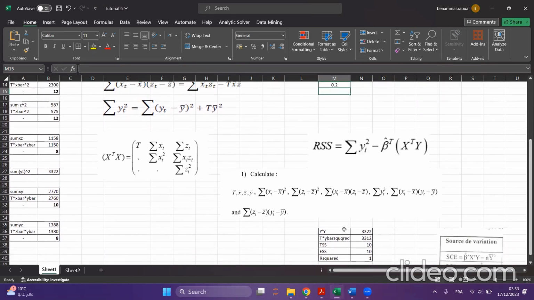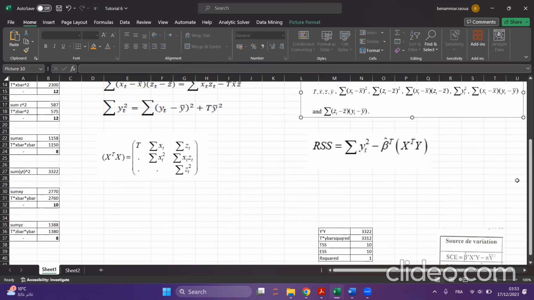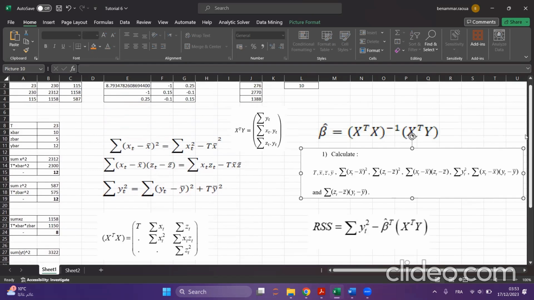To find sigma squared, we have to divide the residual sum of squares by t minus k minus 1, while k being the number of independent variables we have.